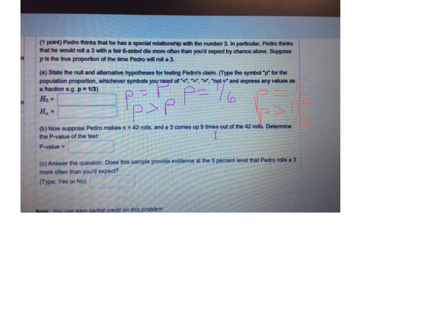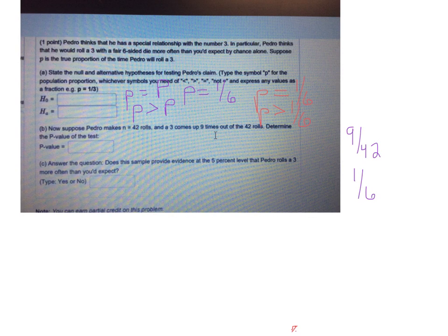Now suppose Pedro makes 42 rolls and a 3 comes up 9 times out of the 42. So what's happening here is the proportion that's actually happening is, I'm just going to write over here, 9 out of 42. And we're comparing that to what should happen, which is 1 in 6.